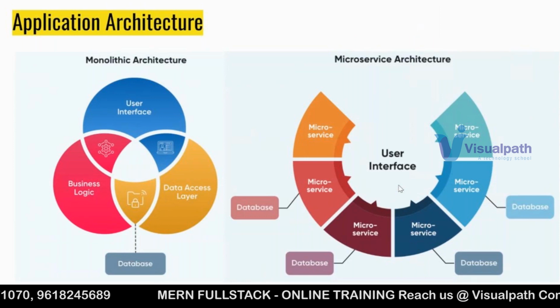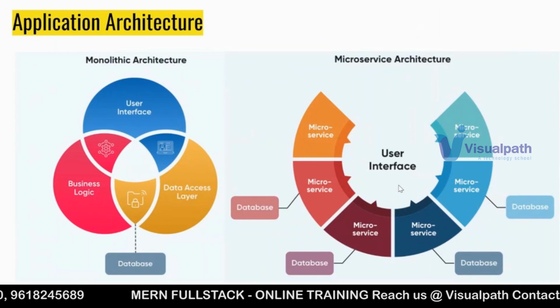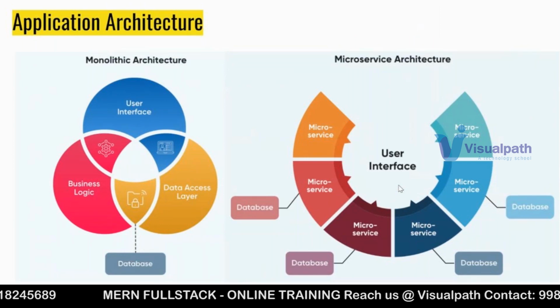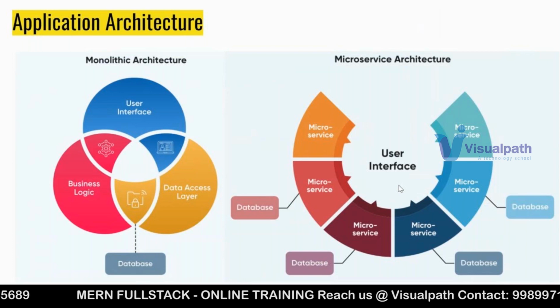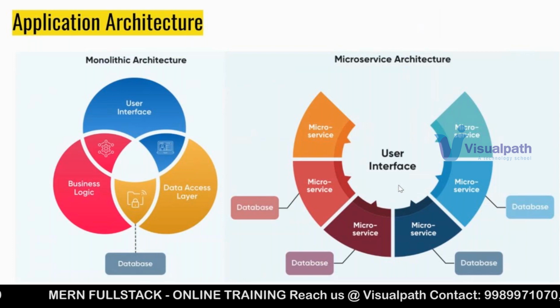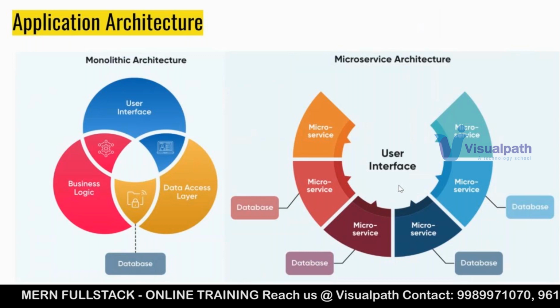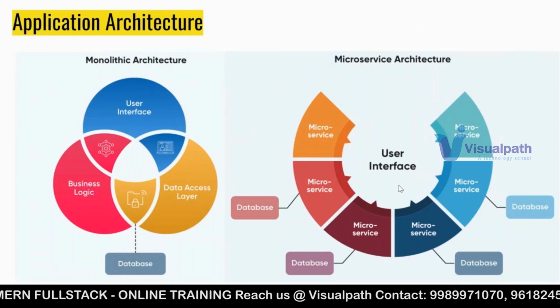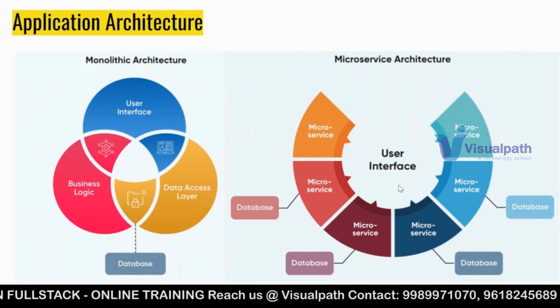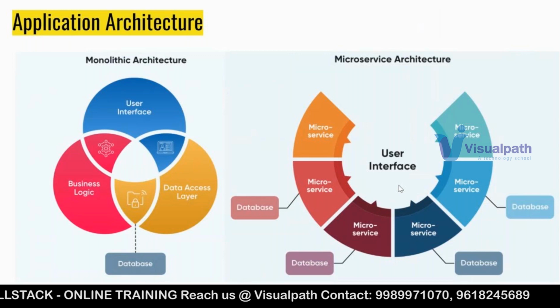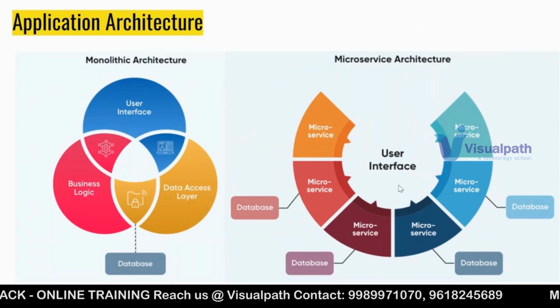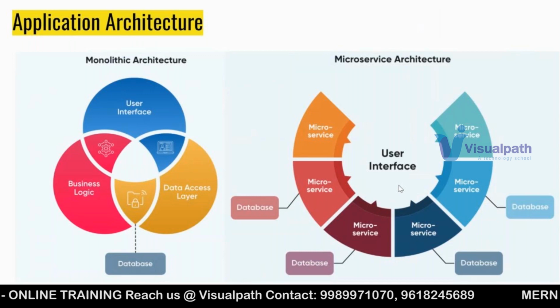Traditional B2B applications are developed using the monolithic architecture, whereas right now the modern applications from all the global tech giants and the startups are using microservices architecture. In microservice architecture, each of the components can independently exist.